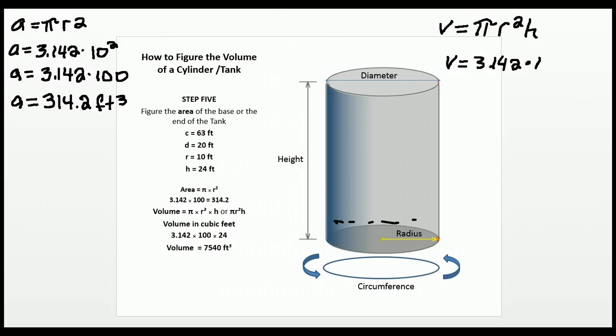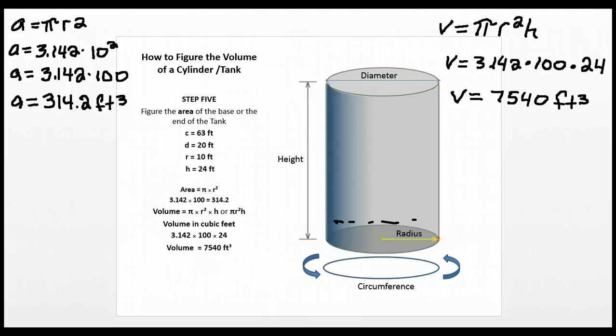It's going to be 100 times h, or the height, is 24 feet. So V is going to be equal to, get your calculators out, 3.142 times 100 times 24 is equal to 7,540 cubic feet. That's the amount of liquid this whole tank can hold.